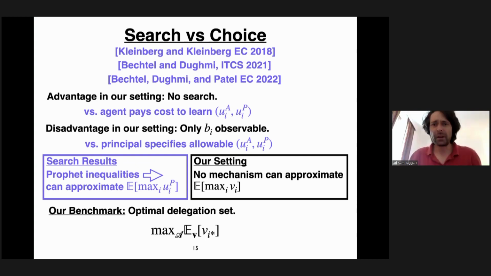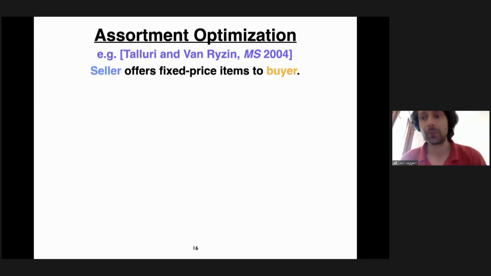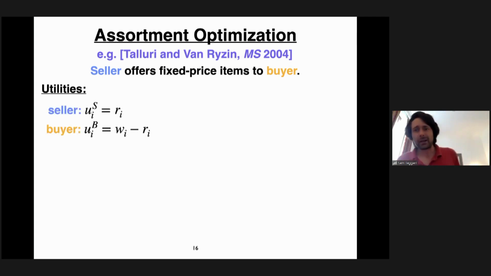Okay, so there's one other line of work that's really important to compare to, which is the literature on assortment optimization. The canonical citation is probably this paper of Talluri and Van Ryzin in Management Science, but this is a really, really deep literature. The story in assortment optimization is that there's a seller who offers fixed price items to a buyer, so they're picking the inventory for their store. And if you write down the utility model for assortment optimization, it actually looks quite a lot like ours.